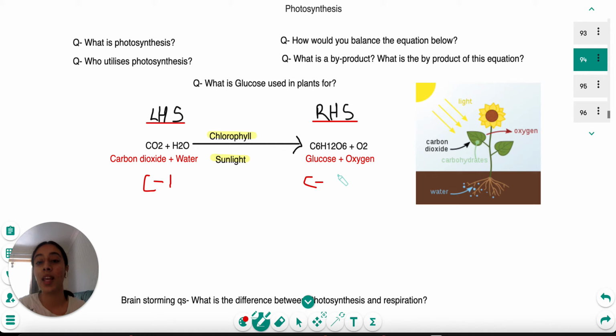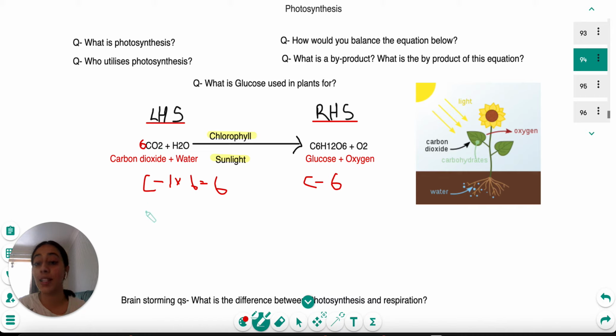Six, yep. So now, how do we make that 1 equal to 6? What do we multiply that 1 by? 6, well done. So what's 1 times 6? That is 6, perfect. So now, we put a 6 in front of the carbon dioxide, right? So now we have 6 carbon dioxide molecules.